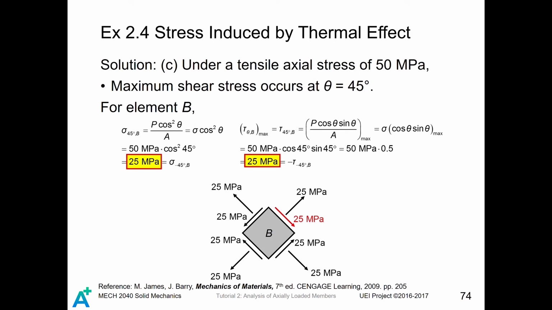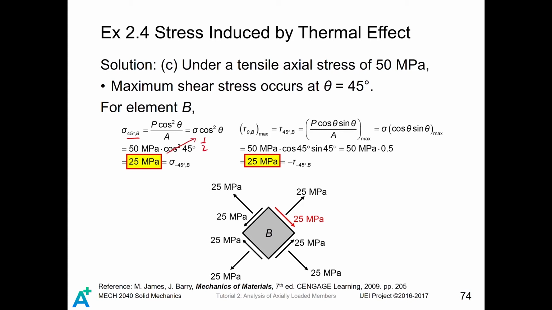By using the above information, we can find the direct stress in the four surfaces. The direct stress for the 45 degree surfaces is given by p cosine squared theta divided by A, while for theta equals 45 degrees, cosine squared theta equals 1/2.